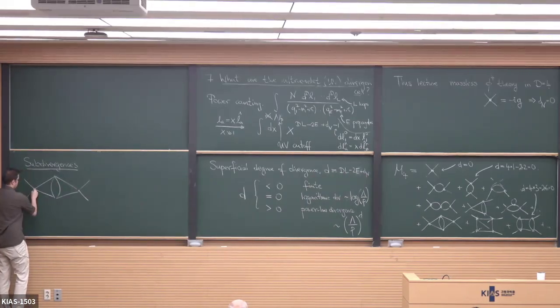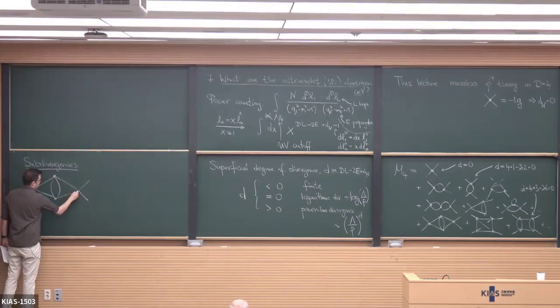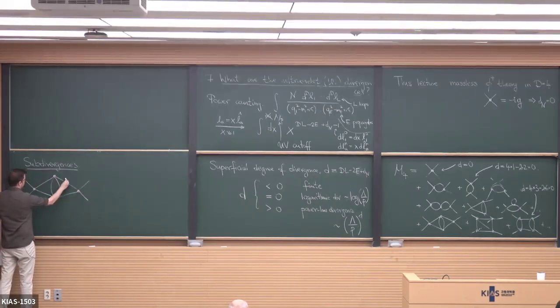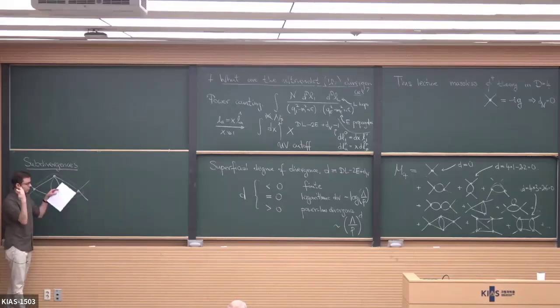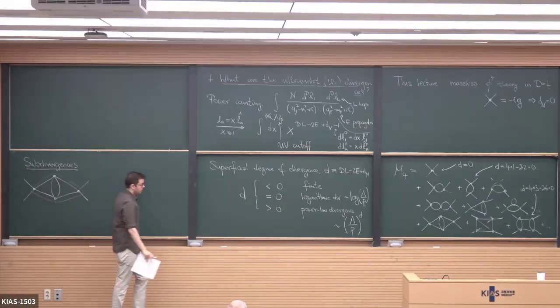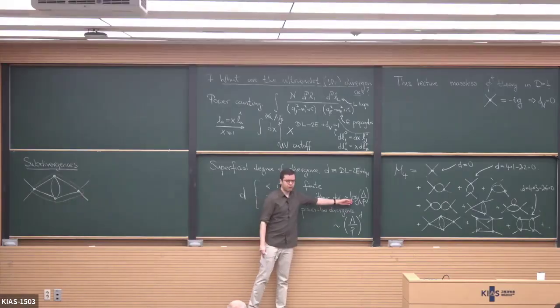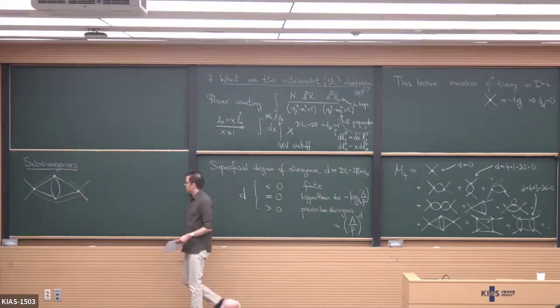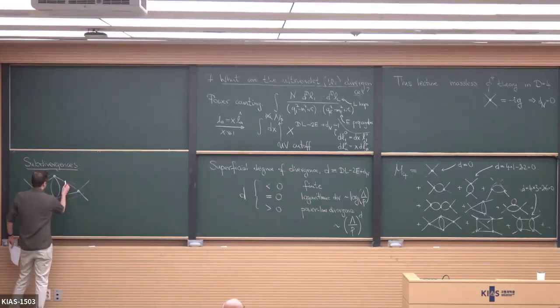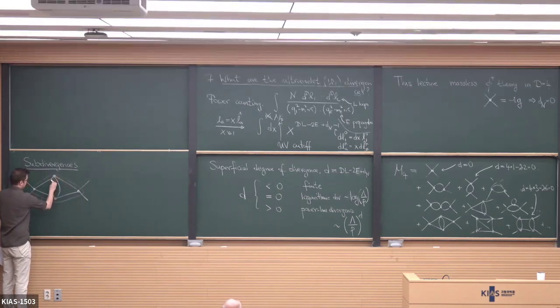Okay, so let's consider this example. If I take the whole diagram and rescale F1 all the way to infinity, this is going to give me a single log because of the power counting. But on top of that, I could have considered this subdiagram here, 2 loops. And this one is also marginal, so it's going to give me another log on top of that.